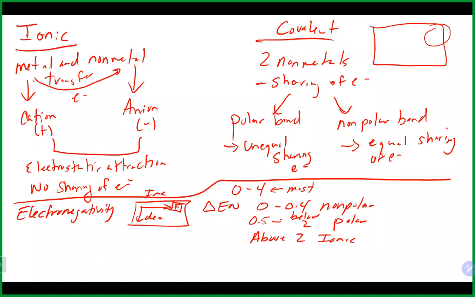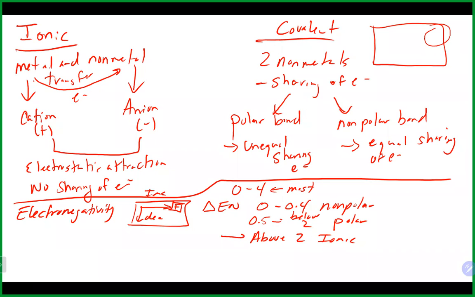Remember, if you happen not to have the actual electronegativity values available to you, you could use the general trend of electronegativity on the periodic table to make a fairly reasonable guess as to whether you would expect a polar or non-polar bond.